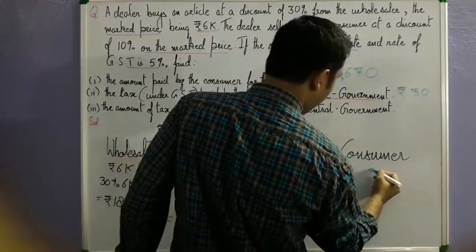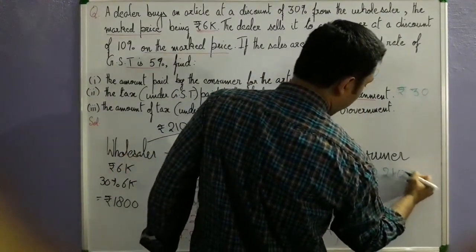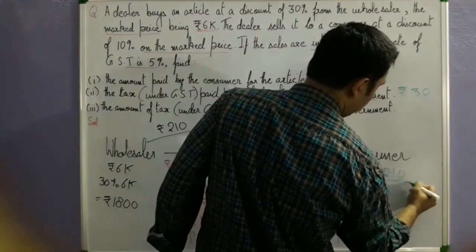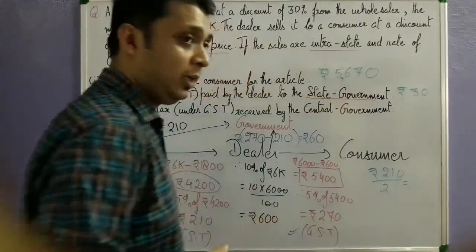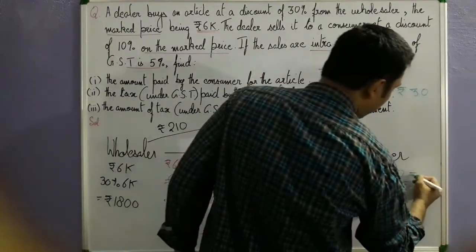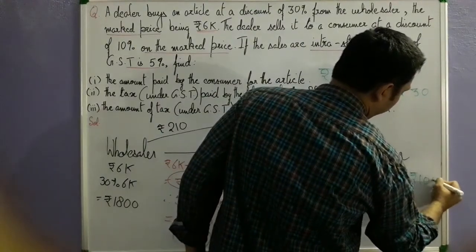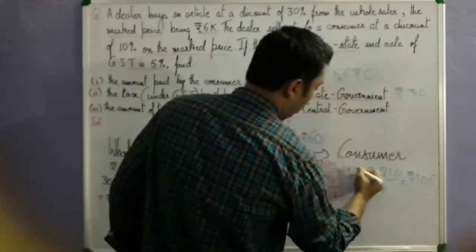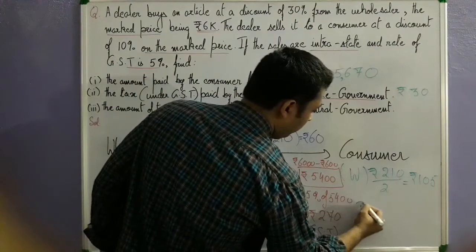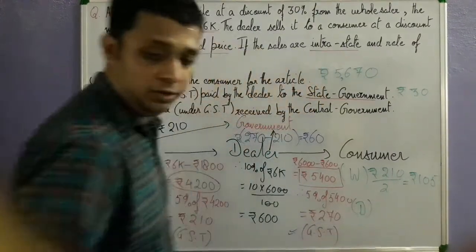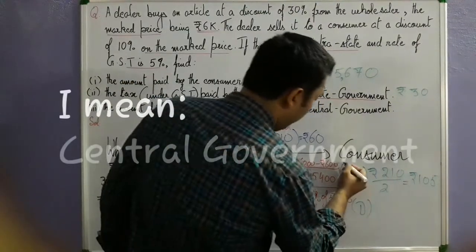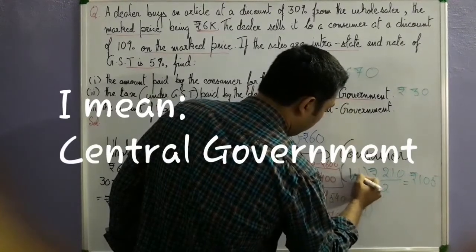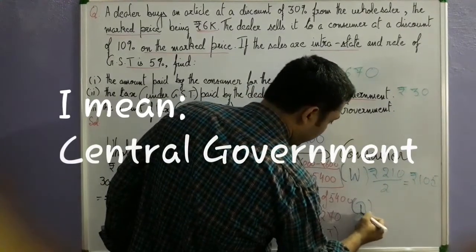It is nothing but rupees 210 divided by 2, which will come out to be rupees 105. This is from the wholesaler. And how much amount is collected from the dealer?